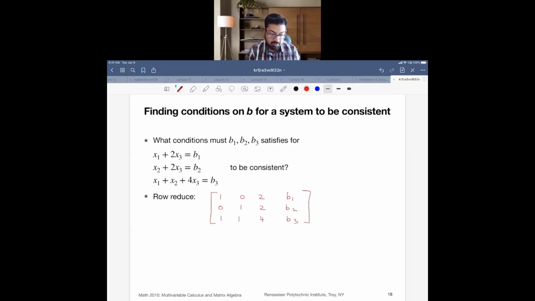So that's my augmented matrix, and I'm going to start doing row reductions to see what happens for consistency of the system. The first step I'm going to take is to eliminate this one over here. So I'll do row 3 minus row 1. What I'll get is 1, 0, 2, B1; 0, 1, 2, B2; 0, 1, 2, B3 minus B1.